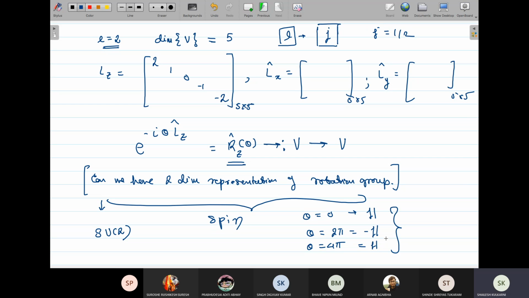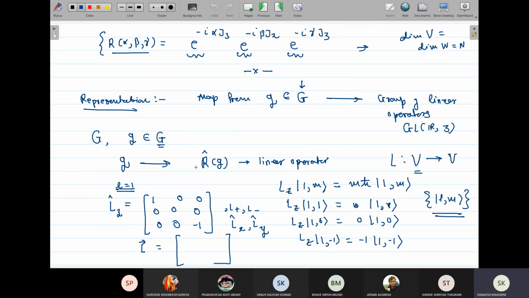In other words, the representation which I was talking about is not 1-to-1. It is a 2-to-1 map. So apart from this 2-to-1 nature, everything whatever we discuss for SO3 holds for SU2, but this part creates a difference.